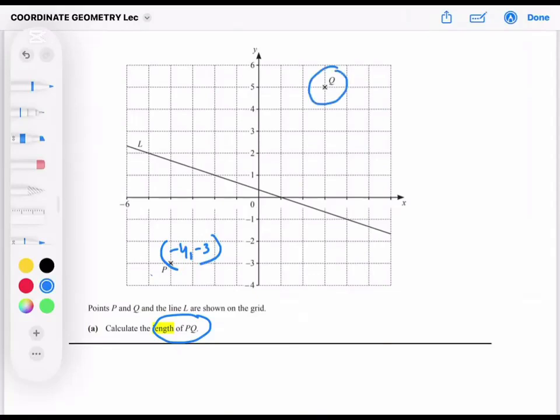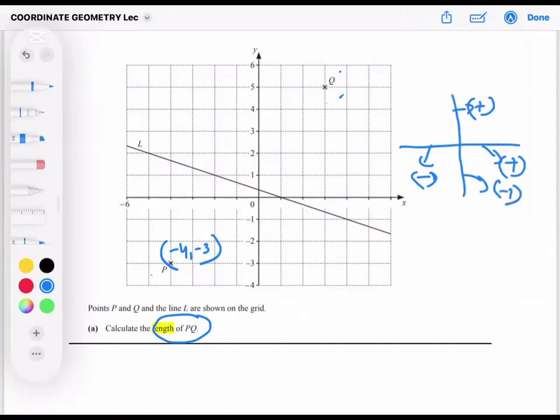Now, tell me the coordinate of Q. Q is 5. X first, always we have to write. Yes, first X. Minus 4. Be careful. In coordinates, this is the positive values of X, and here we have a negative values of X. Here we have a positive value of Y, and in this we have a negative value of Y. What is the coordinate of this?